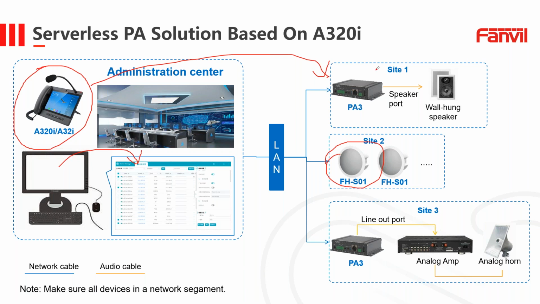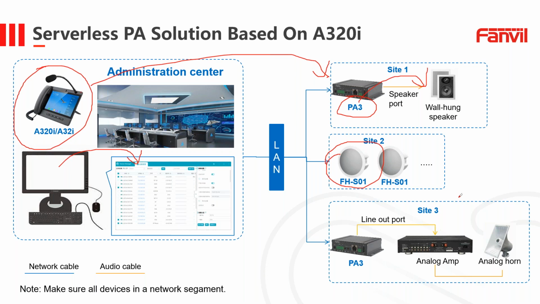Also, our paging gateway is helpful too, and both PS3 and PA2S have a speaker port and a line port. So, for example, in some projects, maybe a site is an individual one, so you can use our paging gateway to connect with an analog speaker.